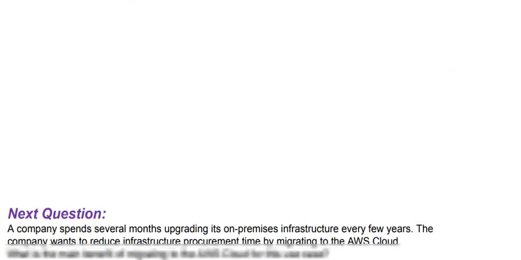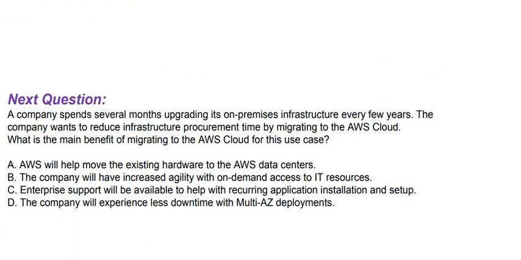Next question is: A company spends several months upgrading its on-premises infrastructure every few years. The company wants to reduce infrastructure procurement time by migrating to the AWS cloud. What is the main benefit of migrating to the AWS cloud for this use case? Option A: AWS will help move the existing hardware to the AWS data centers.